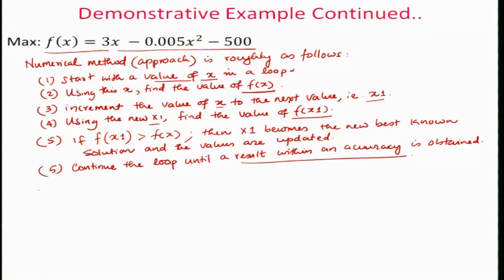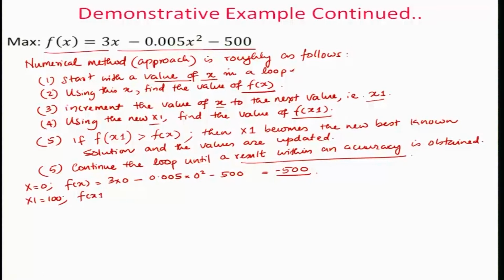So, let us take a look. Let us start with the loop where x is equal to 0. Then at x equal to 0, f of x will be equal to 3 times 0 minus 0.005 times 0 square minus 500, which will be equal to minus 500. Now, let us update x1 to be 100 for the time being.